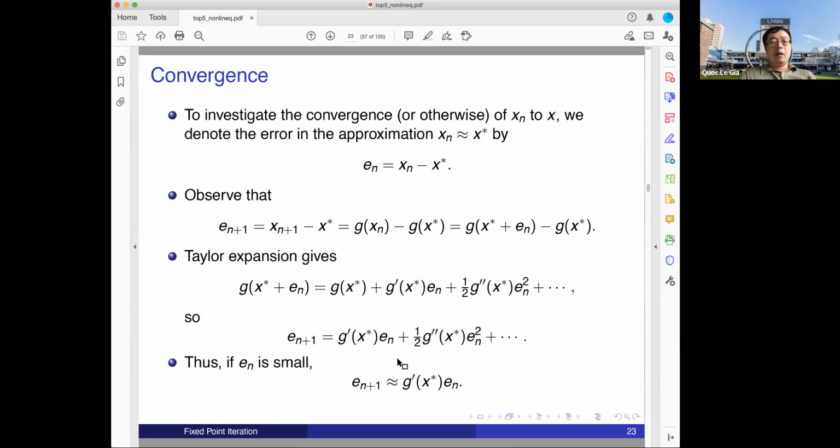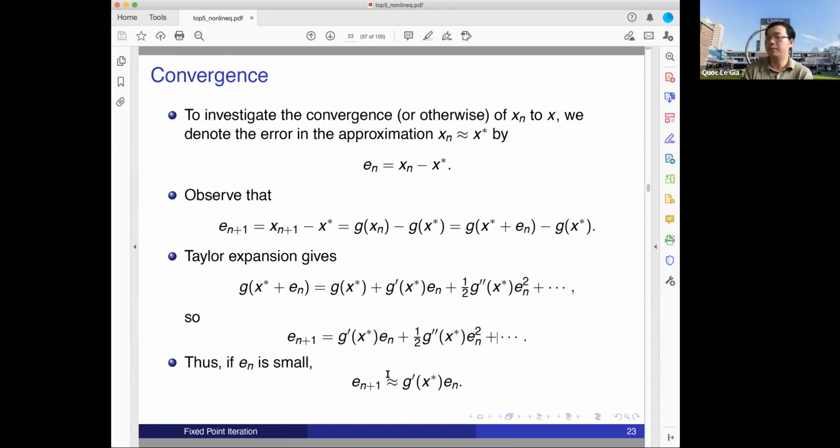And now what condition should you have on g prime(x star) so that the method converges? What condition should I put on g prime? Okay, maybe I should give an example.